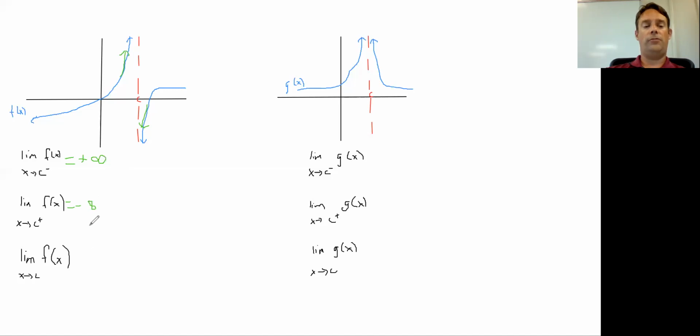If one's going to positive infinity and one's going to negative infinity, what would this be? Well, since they're not equal, we learned last time that that would be does not exist. Because, again, the two limits do not agree.